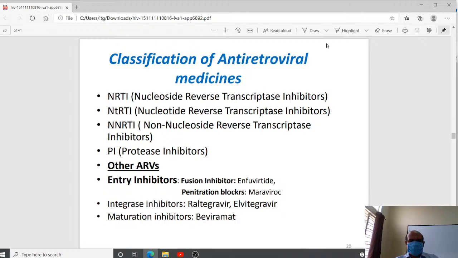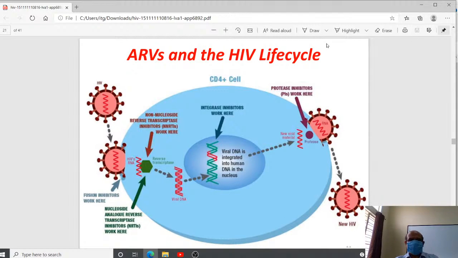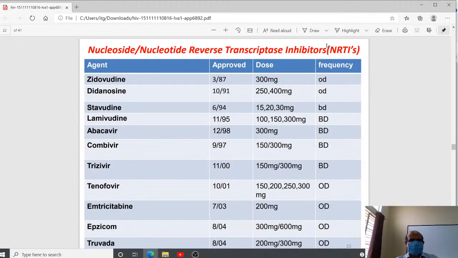Other ARVs are entry inhibitors, fusion inhibitors, penetration blockers, etc. So these are the agents which are approved, and their doses and frequencies.